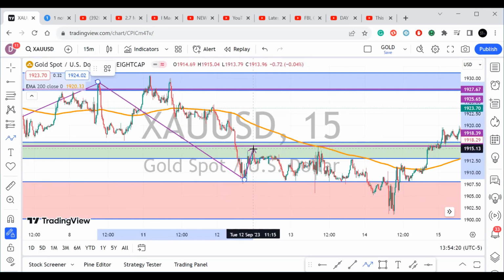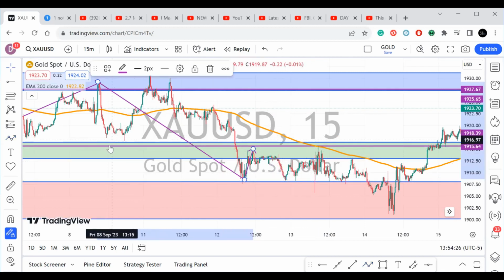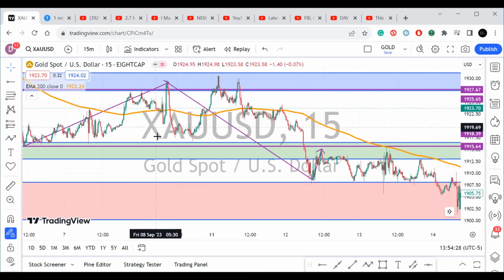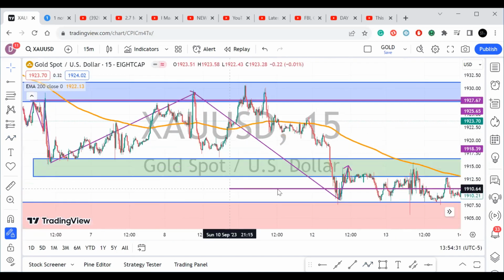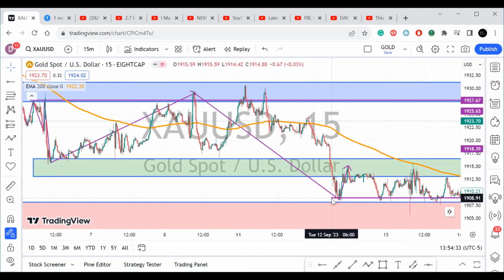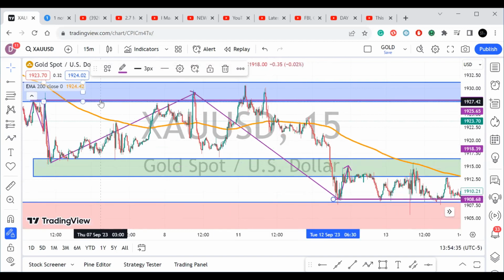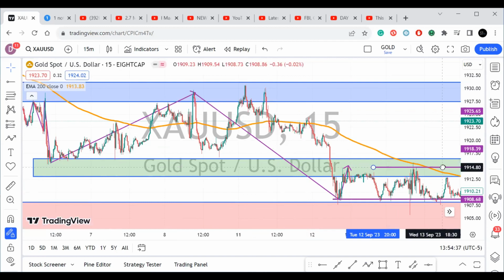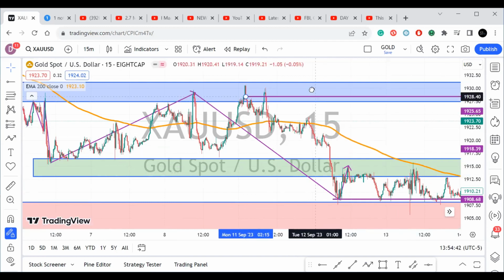You have a pullback. Then this is still within. Let me use the other one. Let me use this one. So we have a new high here.